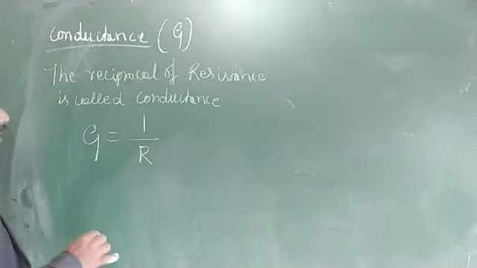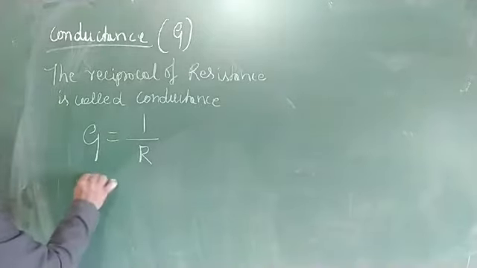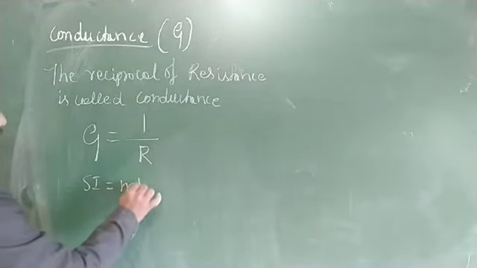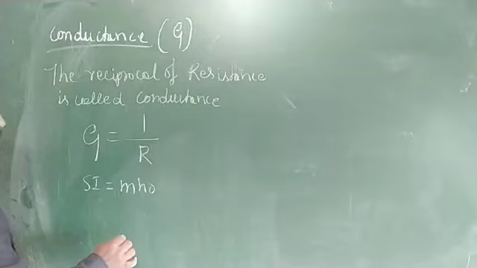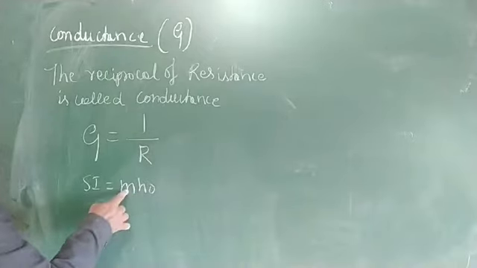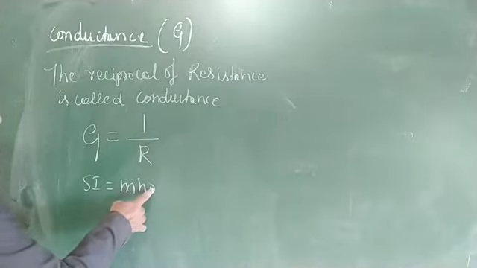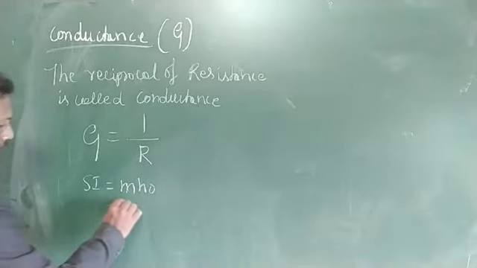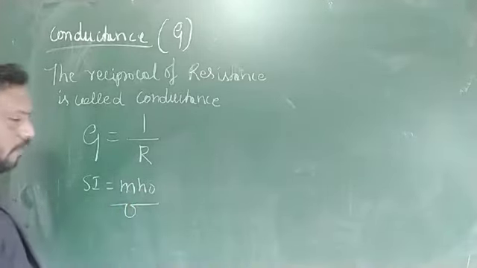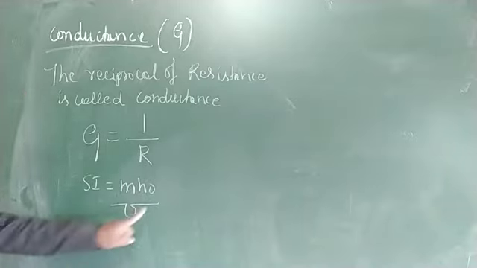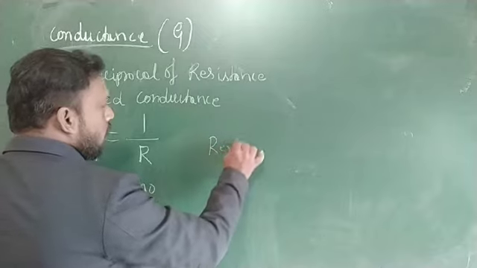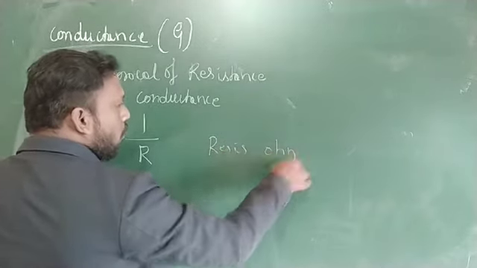The SI unit of conductance is mho. Ohm is ohm, and mho is its reverse, denoted by a symbol like this. For resistance, the SI unit is ohm.